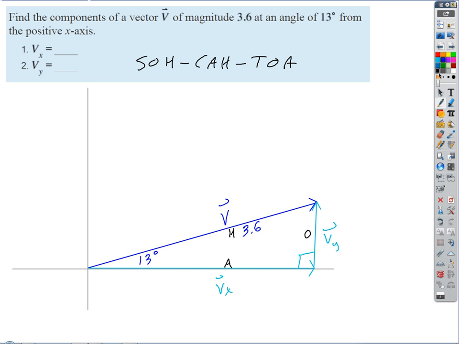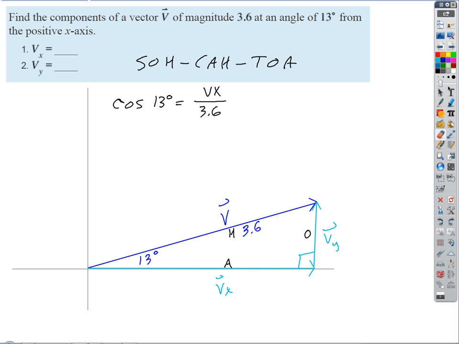So we've got cosine of 13 degrees equals the ratio of adjacent, which is v sub x, over hypotenuse, which in this case is 3.6, right? Okay, so we've got two algebra steps here, but when we're all done with this, I want to come up with a shortcut so we don't have to go through these steps every time.